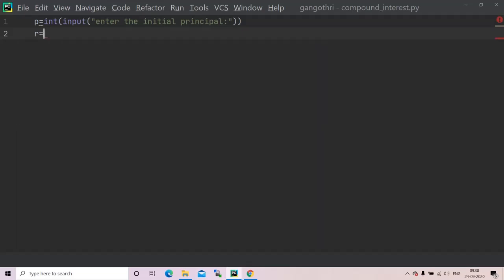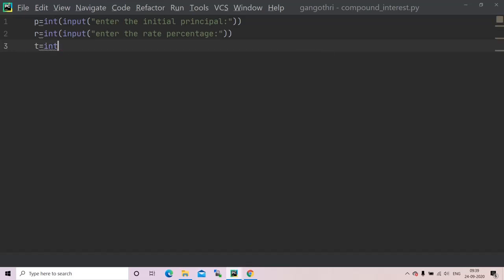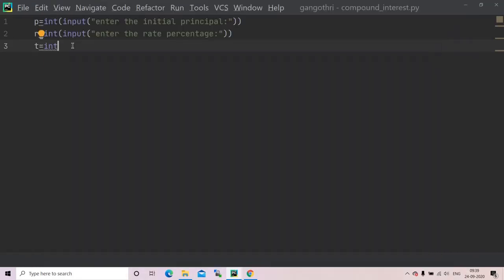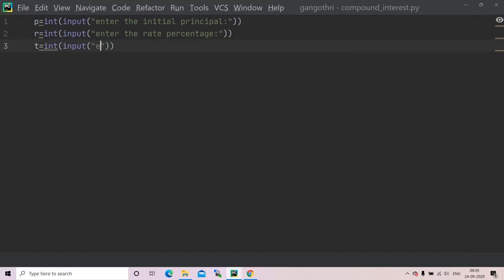Rate of interest, as it is a percentage. Enter the rate percentage. Now I'll give the time period, int. Enter the time period.